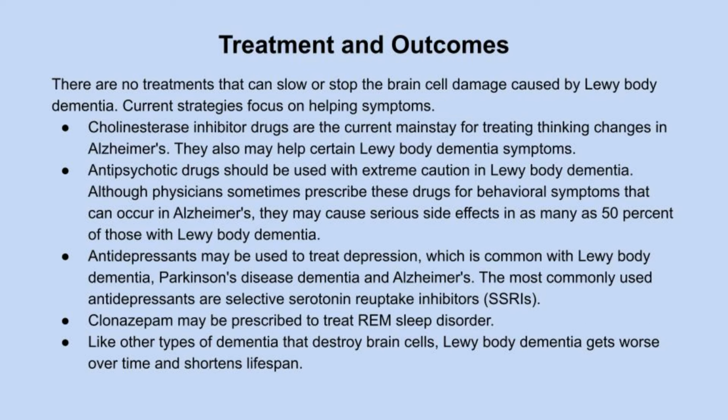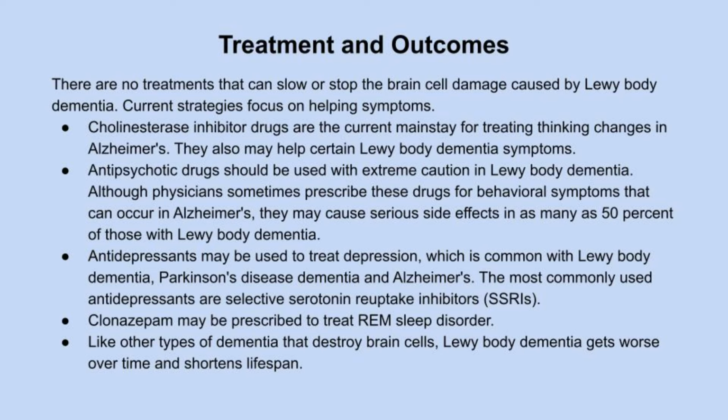So there are unfortunately no treatments that can slow or stop the brain cell damage caused by Lewy body dementia. So current strategies focus on helping symptoms. Now, the cholinesterase inhibitor drugs are the current mainstay for treating thinking changes in Alzheimer's. They may help certain Lewy body dementia symptoms.